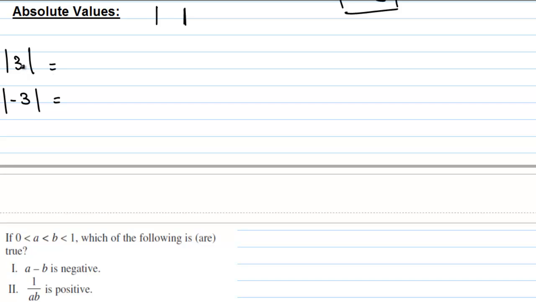Now, what's the value of absolute 3? It is 3. What's the value of absolute negative 3? Also 3. What about the negative? We cancel it out. So this is the idea of absolute. Absolute of any number, whether this number is positive or negative, the answer is always positive. Remember this. The answer is always positive.